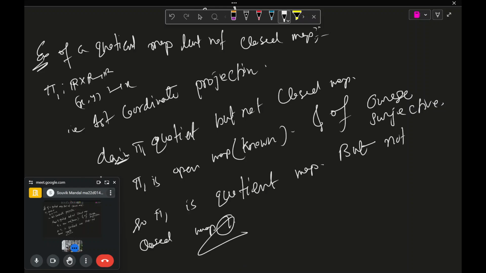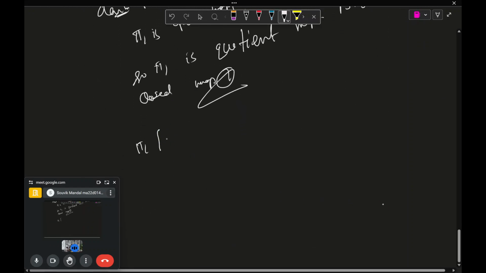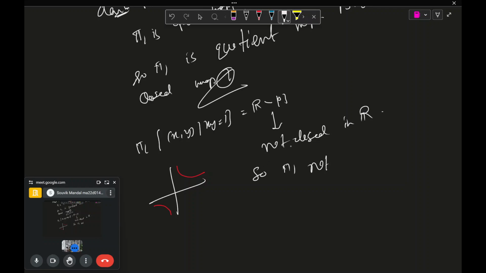Why? Because if we consider this set of all those points (x, y) such that xy is equal to 1, that is this part, the hyperbola, then pi 1 of this thing is what? Pi 1 of this thing is R minus {0}, right? This is not closed in R, but the hyperbola is closed.